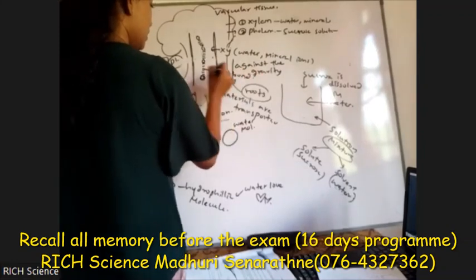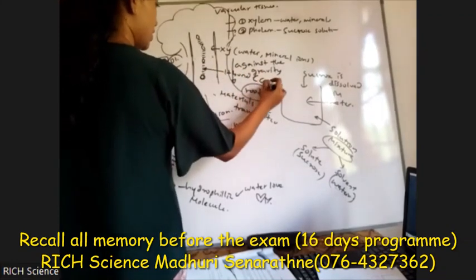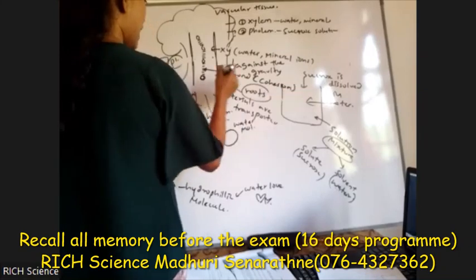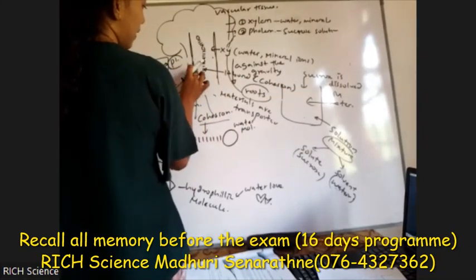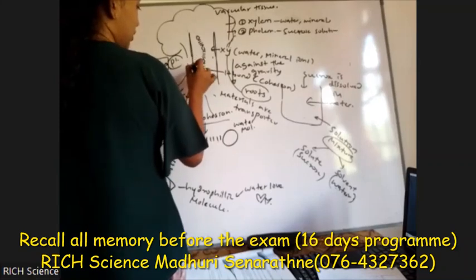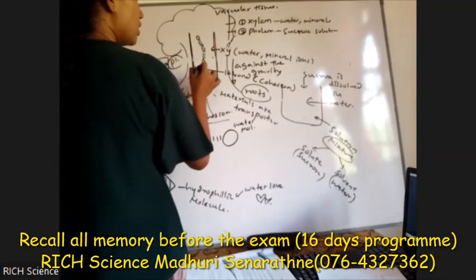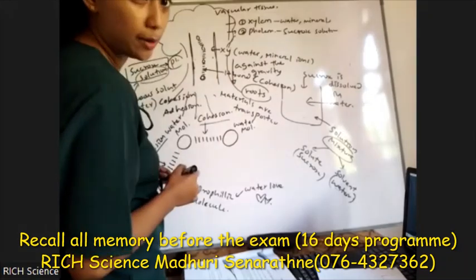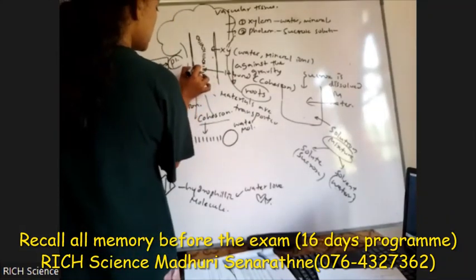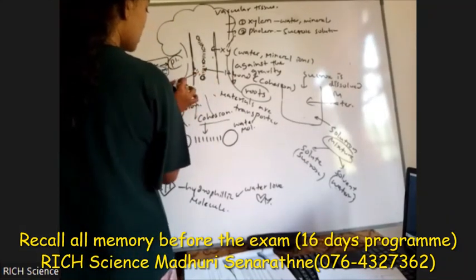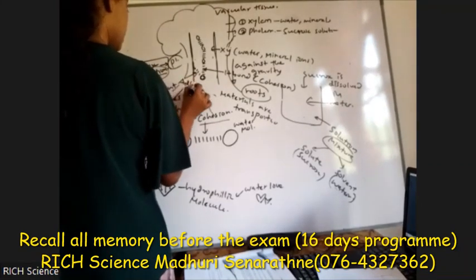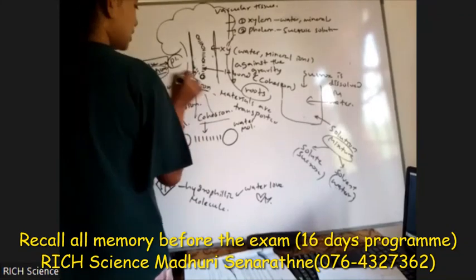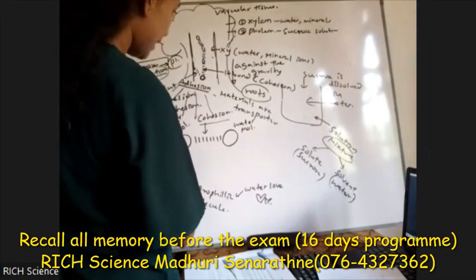This bond is cohesion. And water can make interaction with the xylem wall. The xylem wall is mainly composed of cellulose. This intermolecular interaction we call adhesion.